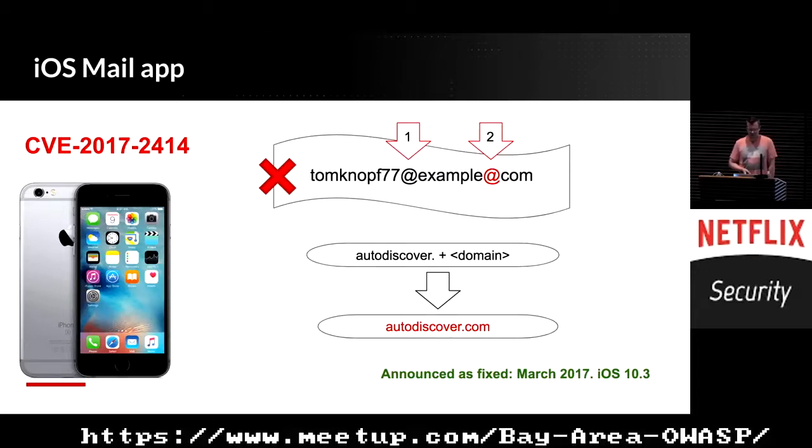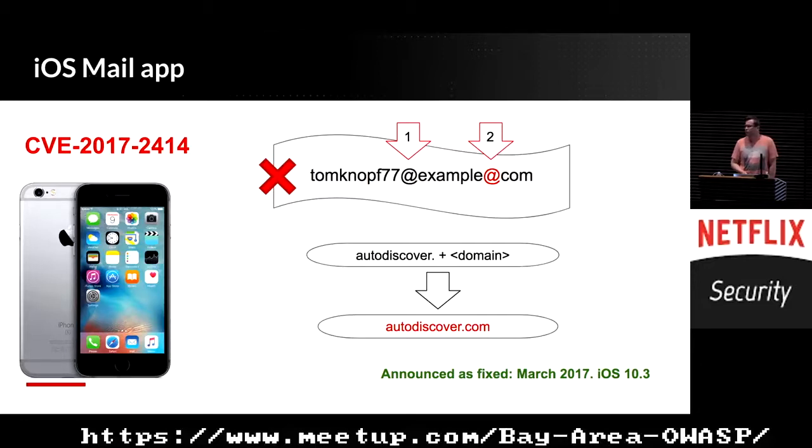The second thing we found, when we were testing the magic list of non-really-standard email addresses against iOS devices, was that in case of two @ characters in an email address, the iOS device makes a wrong request as well. So the calculation of how many @ characters are in the email address is wrong by Apple, and the request is done not to the autodiscover domain name.